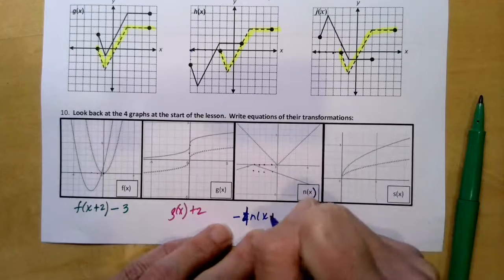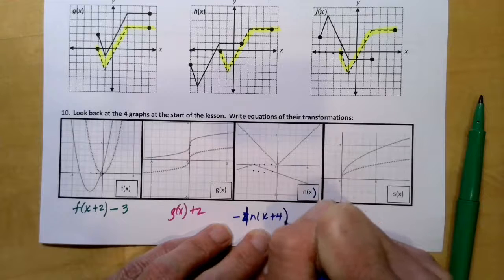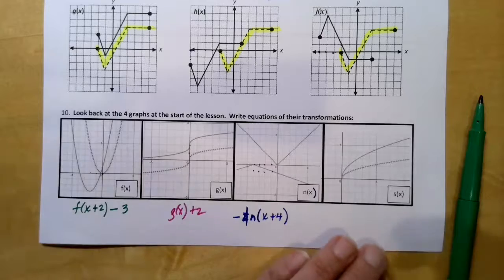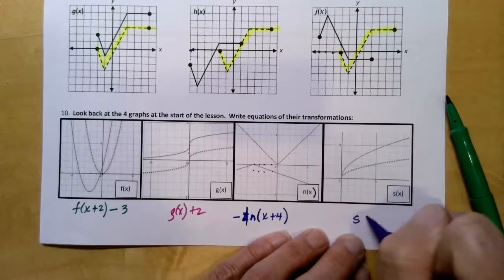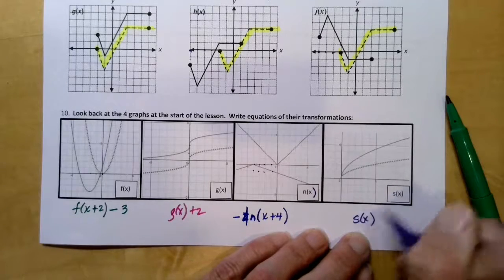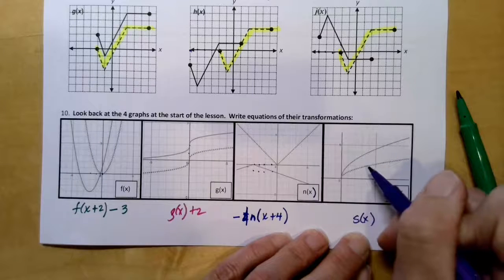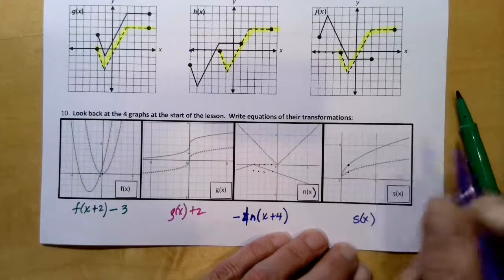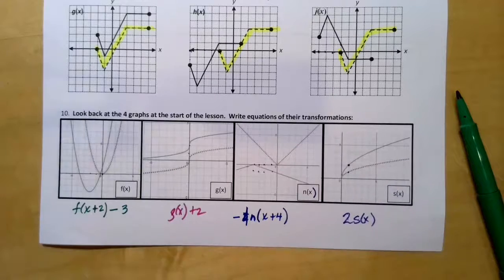So we'll do, and it didn't go up or down. And this S of x looks like it's been stretched up. And when we look at this point here, it's double, so we'll say 2. Nice.